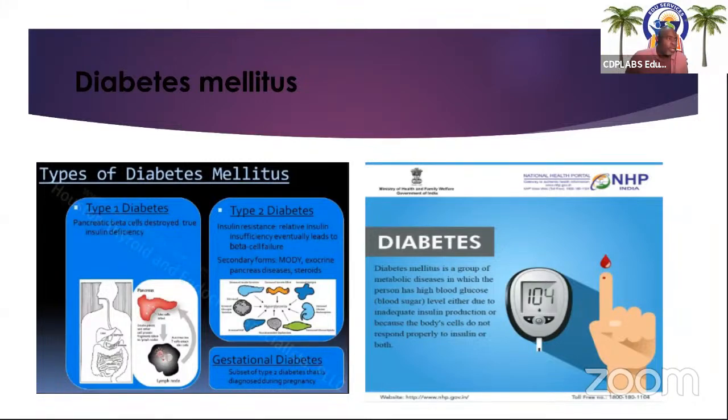Okay. All right, so types of diabetes mellitus. You have type 1 and you have type 2. As I told you, in type 1 the pancreatic beta cells are destroyed. That is true insulin deficiency, which means people depend on insulin from another source, not their own body.